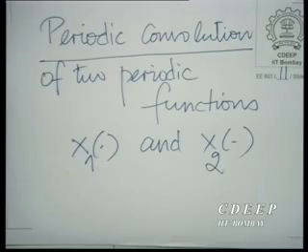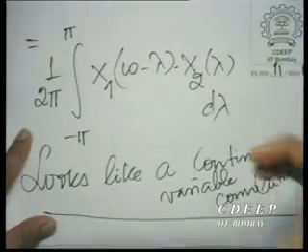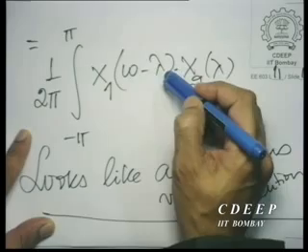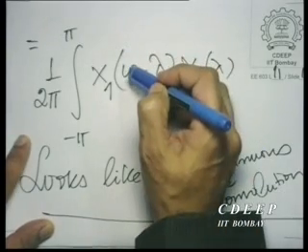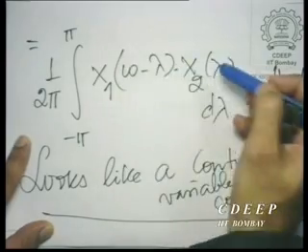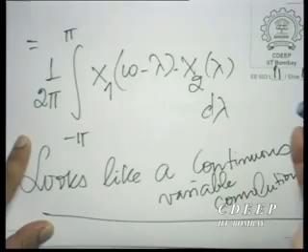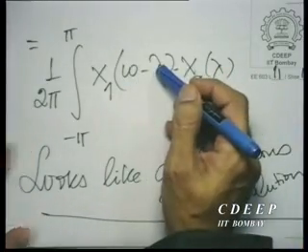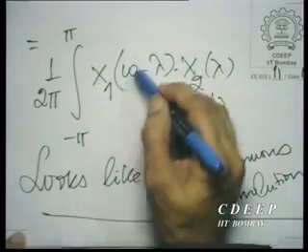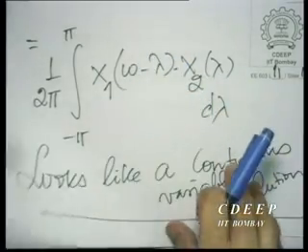Remember that in this expression, both x2(lambda) and x1(omega minus lambda) for any fixed omega are both periodic. Of course, x2(lambda) is periodic with period 2 pi, x1(omega minus lambda) is also periodic with period 2 pi. And how do you get x1(omega minus lambda) from x1(lambda)?